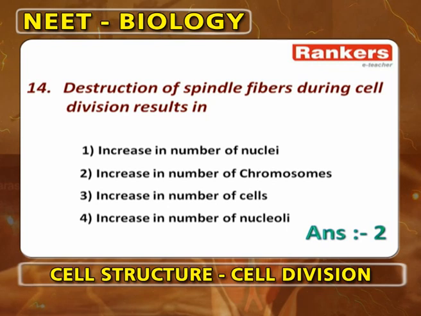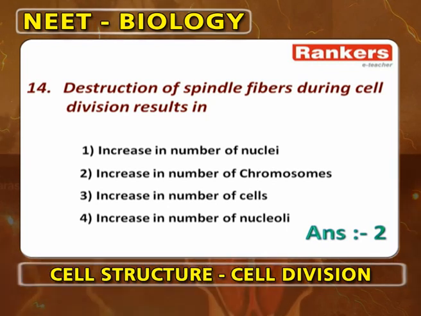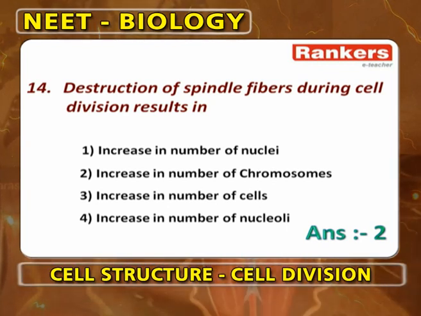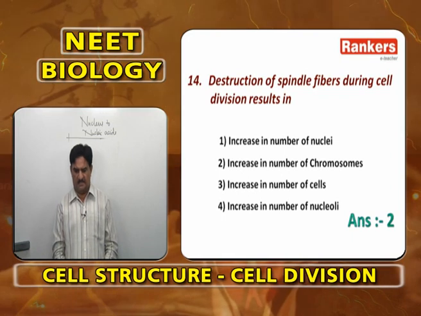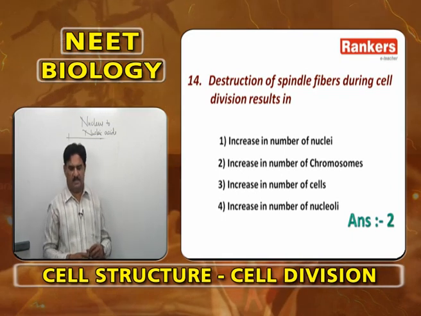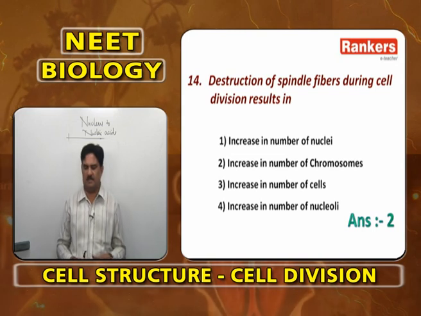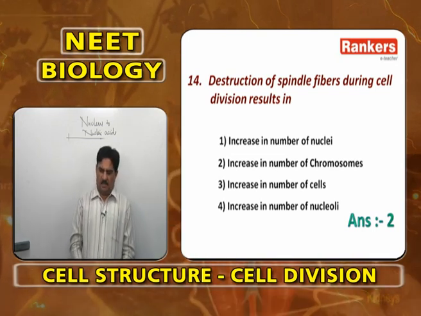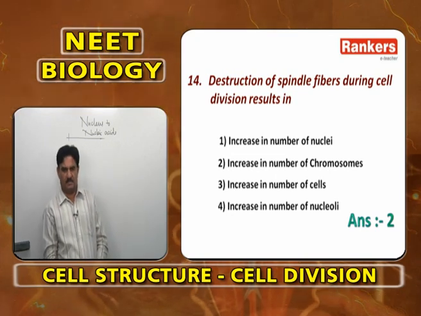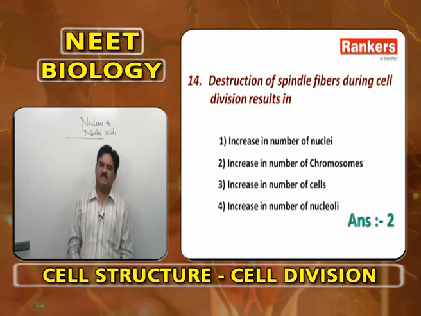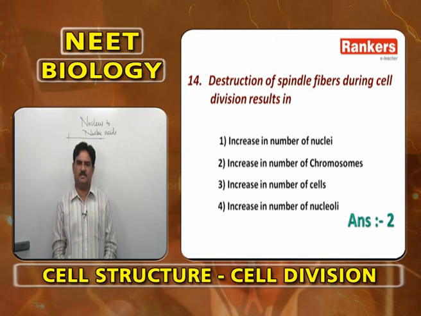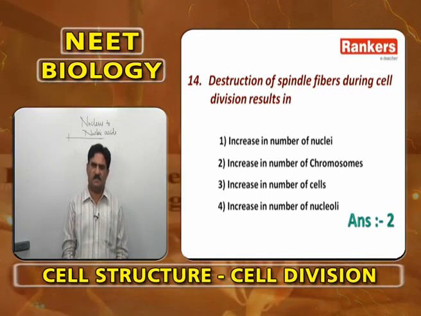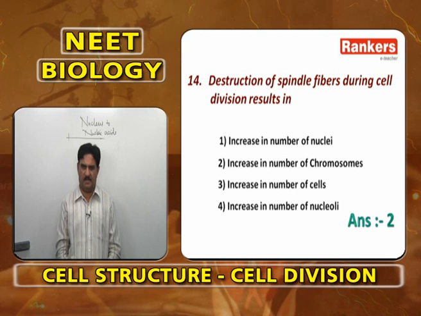Now, destruction of spindle fiber during cell division results in increase in the number of nuclei is wrong. Increase in the number of cells is wrong. Increase in the number of nucleoli is wrong. Increase in the number of chromosomes is correct. This is explained as follows. When colchicine is used in cell division, colchicine is a chemical mutagen obtained from the seeds and corms of Colchicum autumnale belonging to the family Liliaceae.